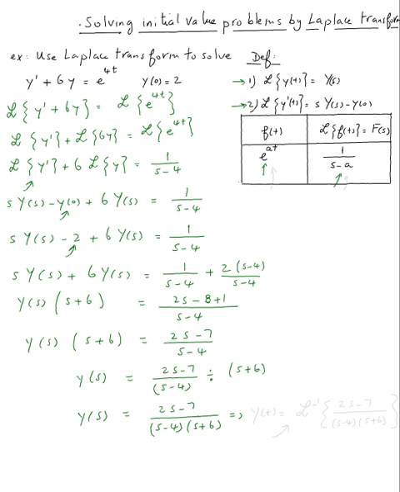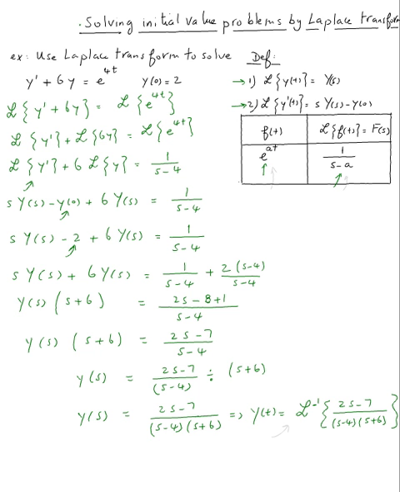Which means that for y of t, what we're looking for is the Laplace inverse of 2s minus 7 over s minus 4 times s plus 6. Alright, so how do we do that? We need to first use partial fractions.